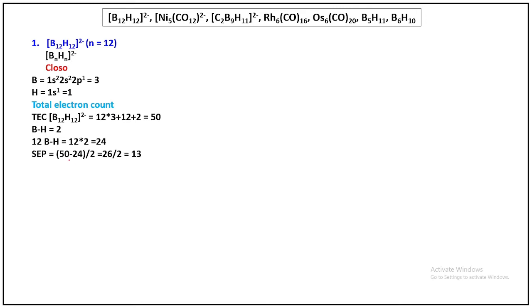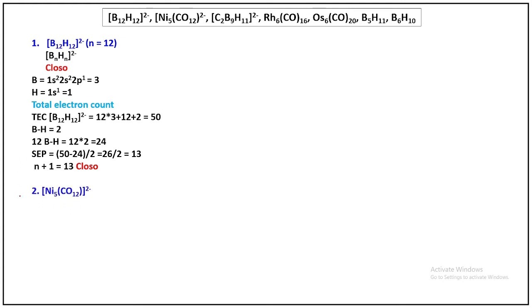When we divide this value, that is 26 divided by 2, we get the total number of skeletal electron pairs, which is 13 in this case. Hence, it has n plus 1 electron pairs, which also falls in closo structure. The answer can thus be derived from both the methods. But if we know the formula, we can directly derive the answer for such questions and it will save time.